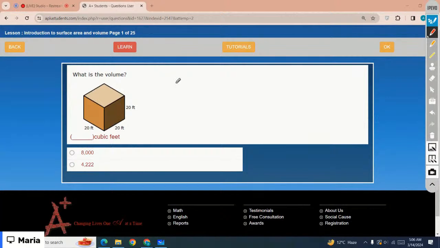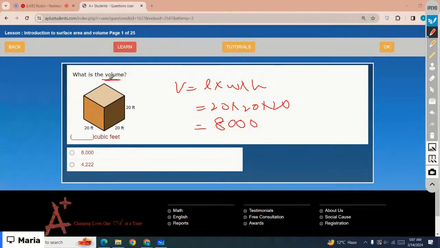I forgot. Volume is length times width times height. So that is 20 times 20 times 20. 2 times 2 is 4, 4 times 2 is 8, that is 8,000, right? The question is we have to calculate the volume, not the area. So the volume is length times width times height, that is 8,000. The correct answer is 8,000 cubic feet. Option number 1 is the correct option.